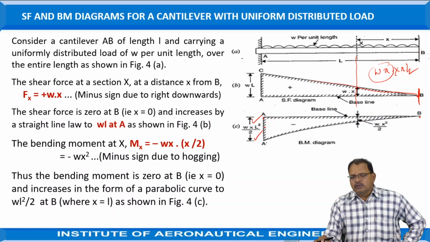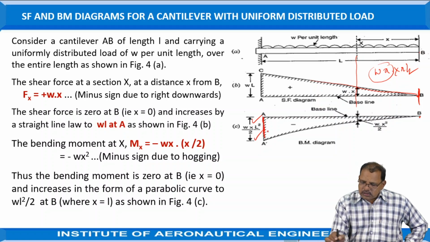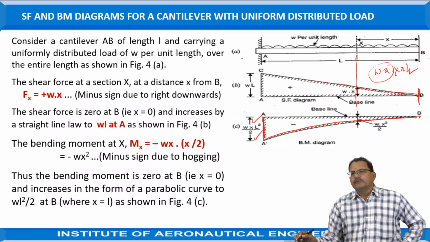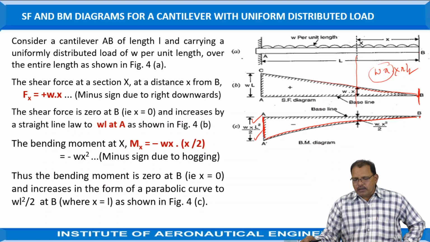The effect of this force is that the beam deflects in the form of hogging, hence it is treated as negative. So draw the vertical line downward and draw the curve as a parabola. This curve represents the bending moment diagram, giving the distribution of bending moment over the length of the beam.